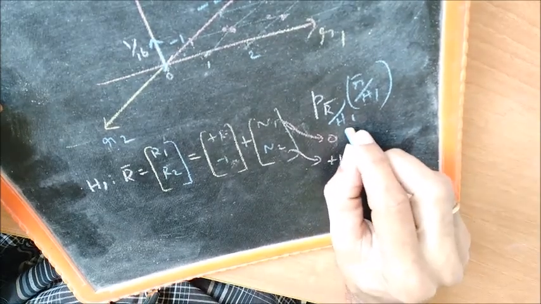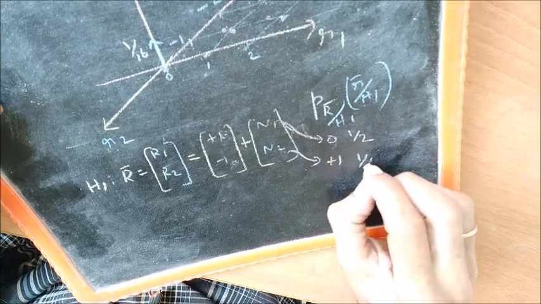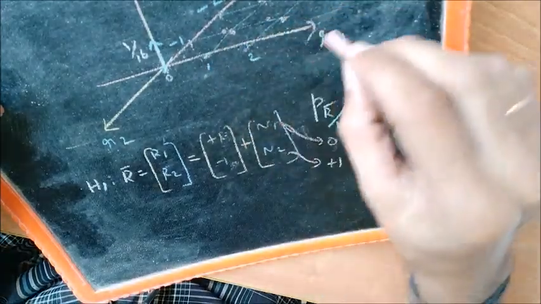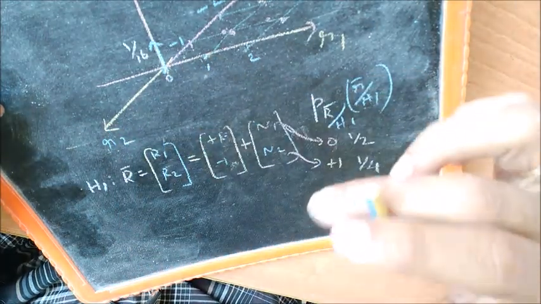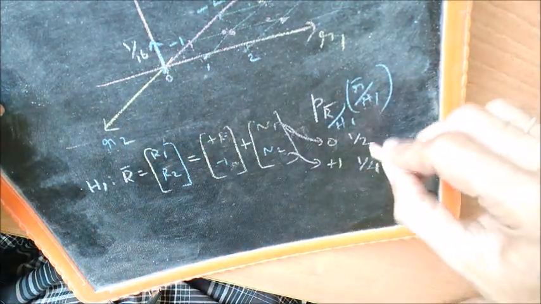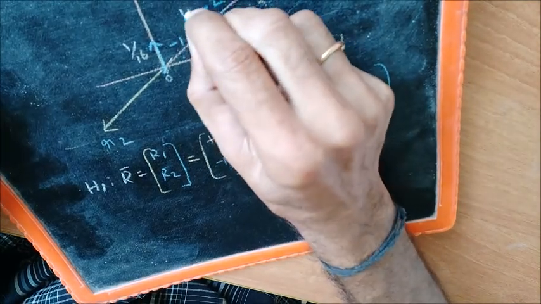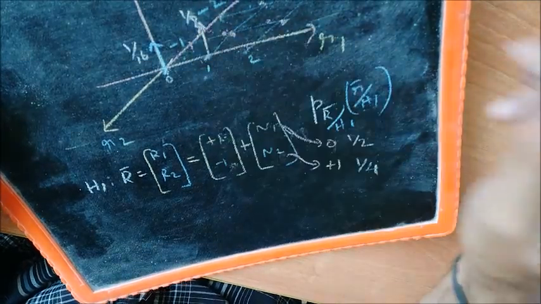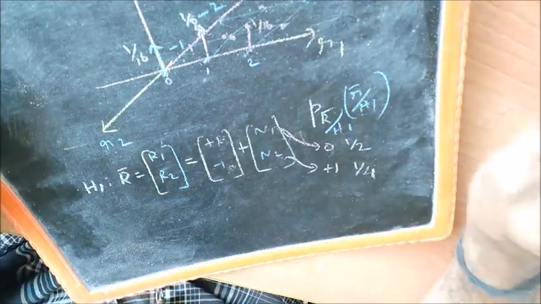N1 becoming 0, probability is 1 by 2. N2 becoming plus 1, probability is 1 by 4. So if R1 1, R2 0 has to be received, the probability of that event is 1 by 8. And likewise, this will be 1 by 16.